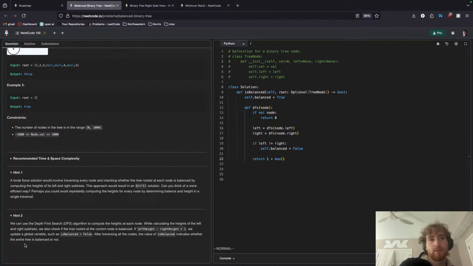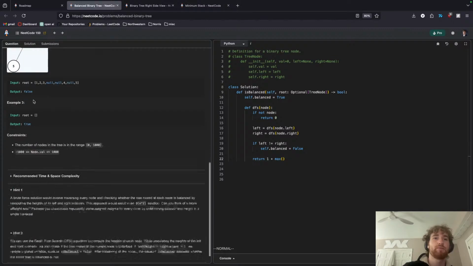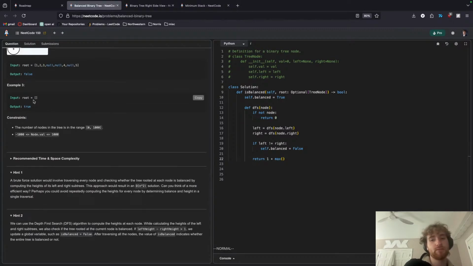Calculating the heights of the left and right subtrees, we also check if the tree rooted at the current node is balanced. What? So a balanced tree just means like one would be balanced, but this one wouldn't be, I think. Use the depth first search algorithm to compute the heights.